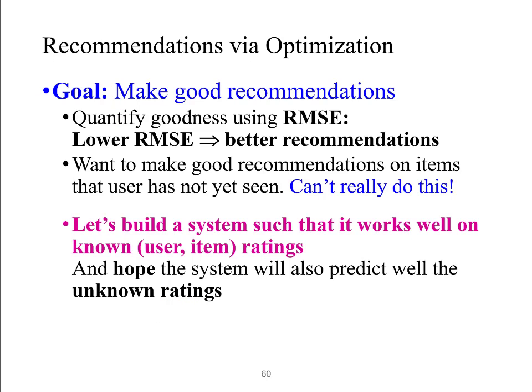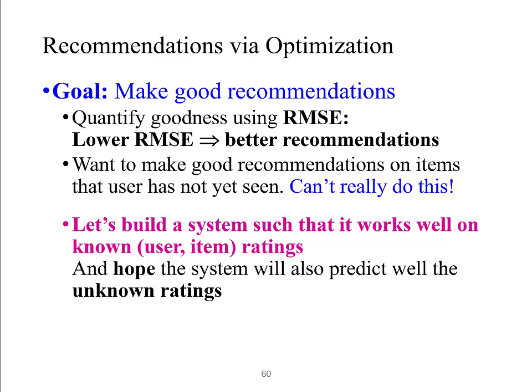So the goal is to make good recommendations. In order to quantify the goodness, we use RMSE, and lower RMSE means better recommendations. So what we want is to make good recommendations on items that the user has not yet seen, but we cannot directly do it.